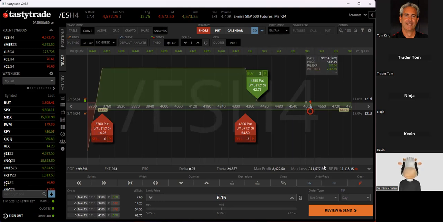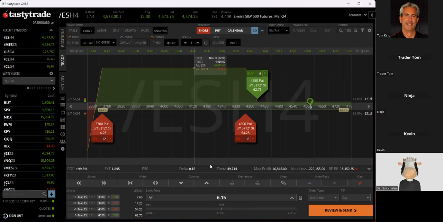But in order for me to hit my profit in an IRA, let me pull it up quickly. My IRA is typically going to be using around $20,000 to make $2,000. So I'm not quite making the same amount of money.